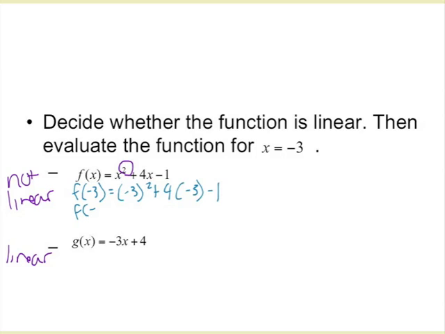Then we do our work on the right-hand side only. To get positive 9, minus 12 minus 1, and f of negative 3 is negative 4. And that's it. My equation was f, my input was negative 3, my output is negative 4.